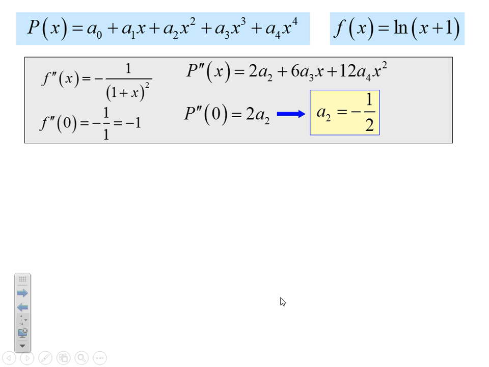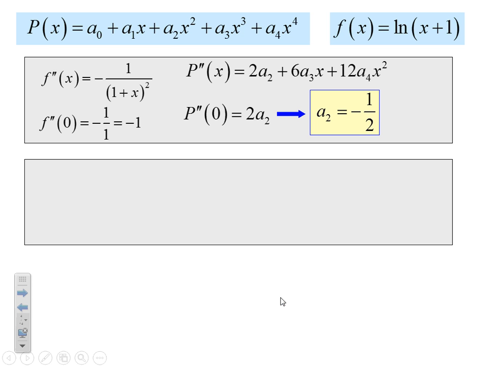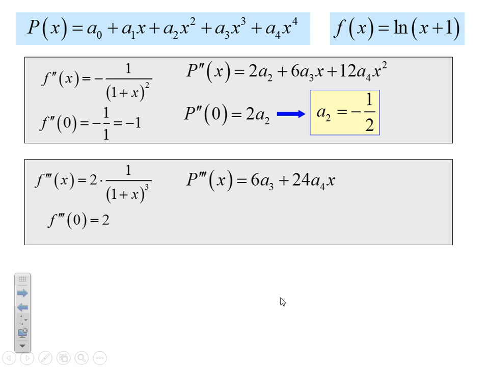Let's talk about the third derivative. Third derivative, positive 2 over 1 plus x cubed. Power rule, which means evaluated at 0, we're at 2. Our third derivative for our polynomial, we get 6a3 plus 24a4x, applying the power rule. And so when we plug in zeros there, we're just left with the constant.